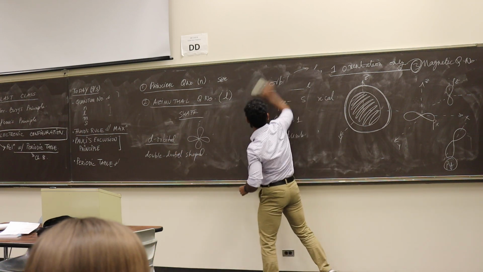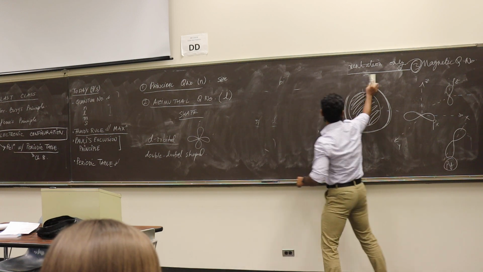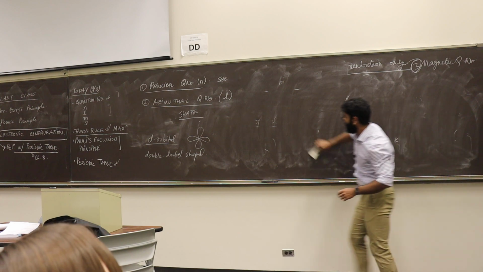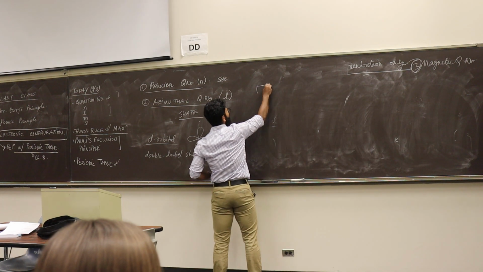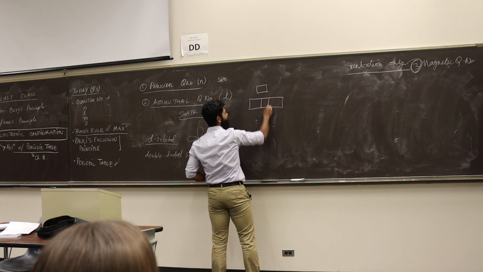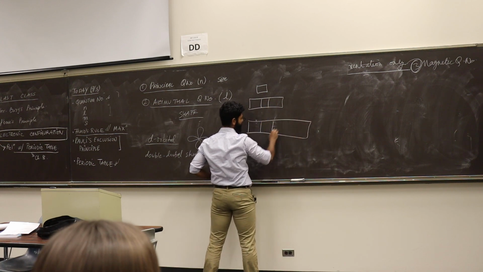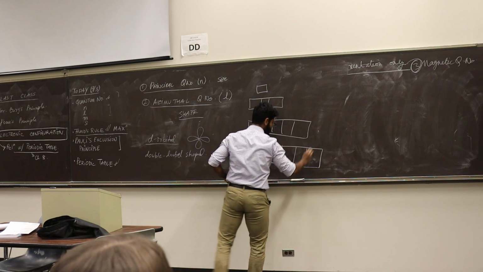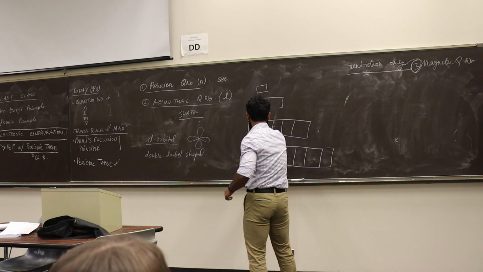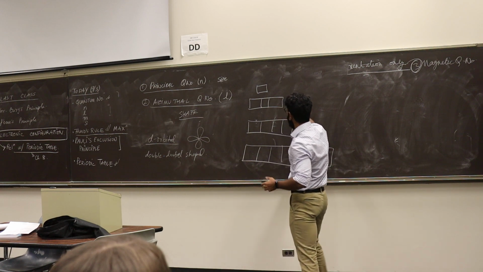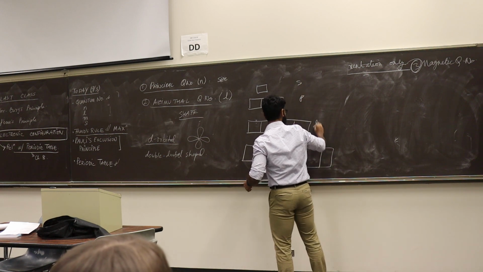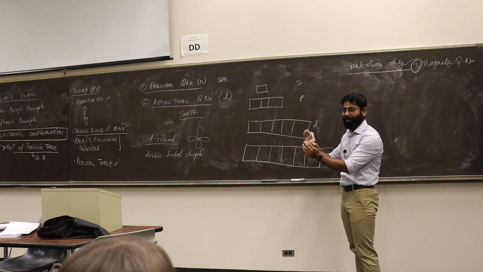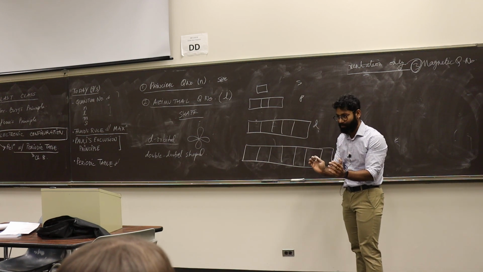Now, quickly, I'll repeat a little bit of this in the next class. But S, P, D, and F. These smaller boxes are actually representing something.